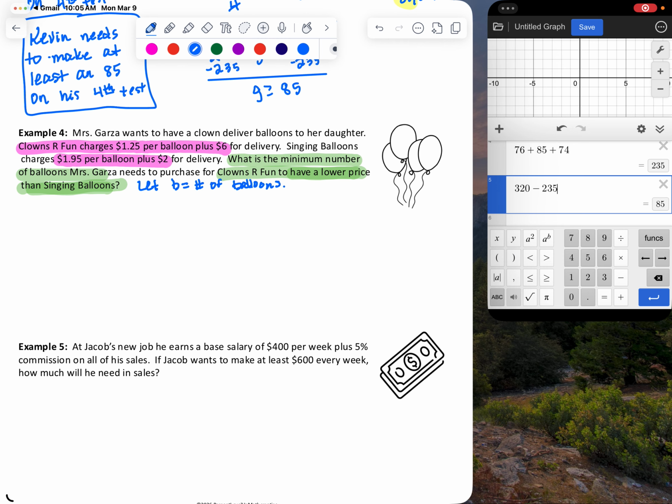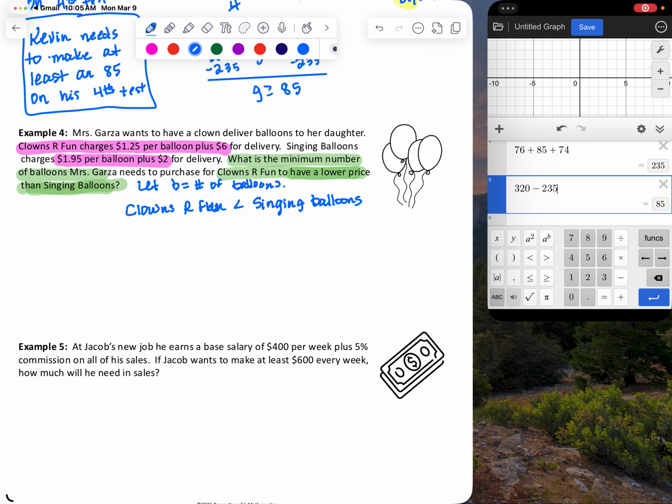Now, we want the Clowns Are Fun to be less than, because we want it to have a lower price than Singing Balloons. Okay, Clowns Are Fun must be lower because we want it to have a lower price than Singing Balloons.